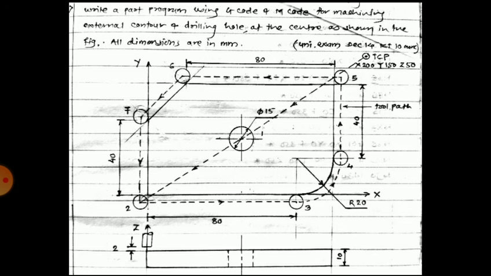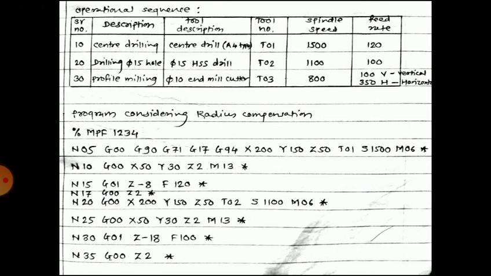So N55, from point 2 you have to move to point 3, because from point 3 the radius will be there. So you have to move the table in fact, 2 to 3. So G01 X80, you have to reach X80. X80 is given in the block, G01 X80 F350, you can see in the program.